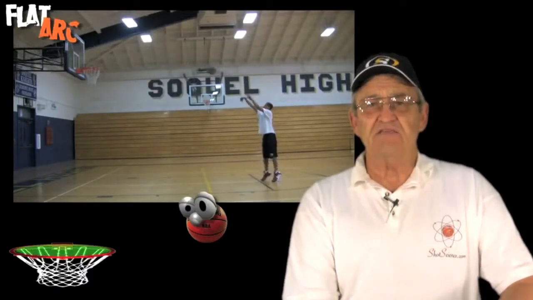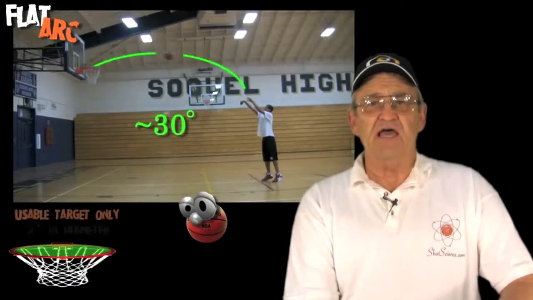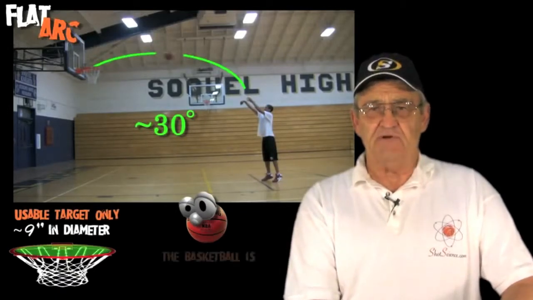As we talk about the arc, let's talk about an analogy. If the ball had eyes and it is approaching the basket, if we have a very flat arc, what's going to happen is that the basket takes on an oval shape. That flat arc is typically around 30 degrees, and the usable size of that basket is only about 9 to 9.5 inches in diameter.